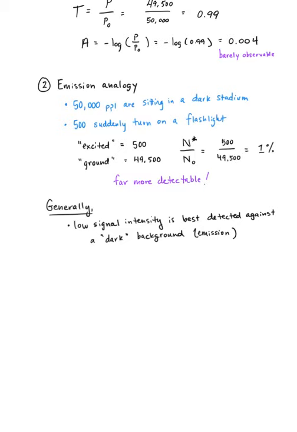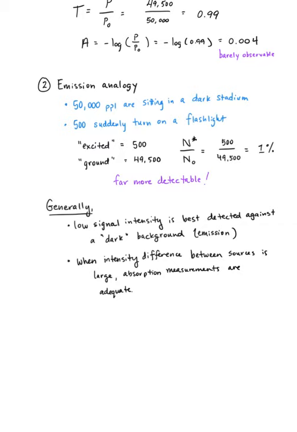If there's a large difference in intensity between two sources, like if we had half of all people sitting in a fully lit stadium turn off their flashlights, then absorption is fine.